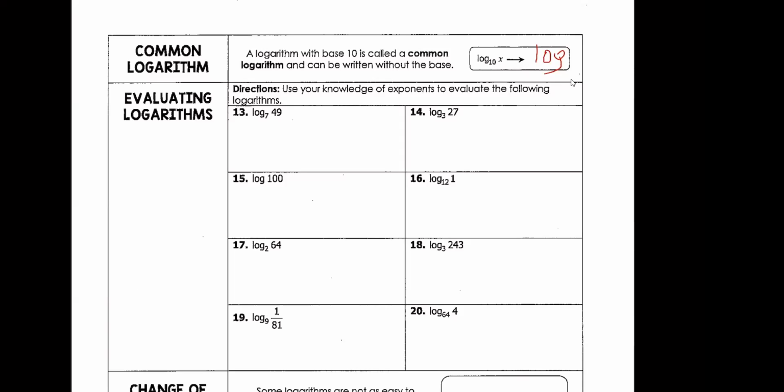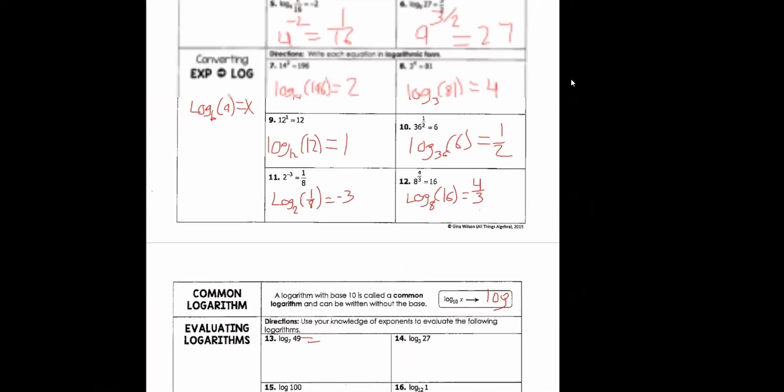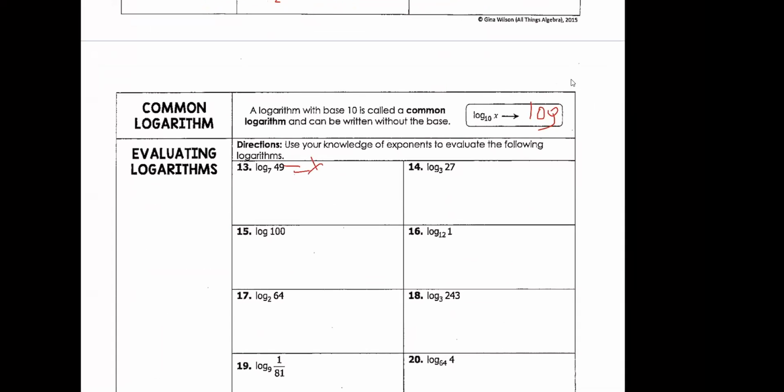The next thing we're going to look at is evaluating logarithms. If you remember from our log form, this is going to be equal to x. Basically, we're trying to figure out what this equals. If you're trying to evaluate a logarithm, you take your base and ask, what would I have to raise my base to get the number I'm plugging into this function? So 7 up to what power equals 49?